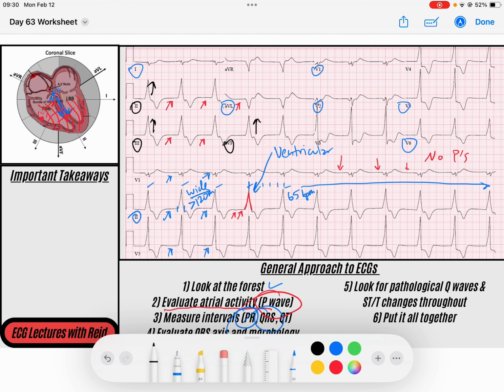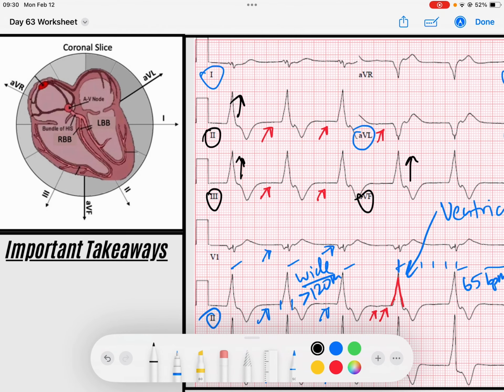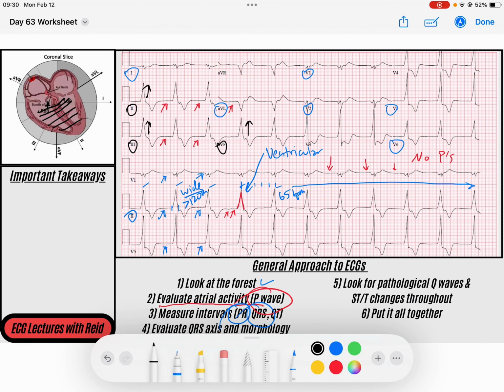So likely what's happening is there's some type of ventricular ectopic focus somewhere high up in the ventricles that depolarizes slowly through the ventricles towards the inferior aspect of this ECG. And so this is likely the cause of what's going on. So we've got ventricular ectopy.